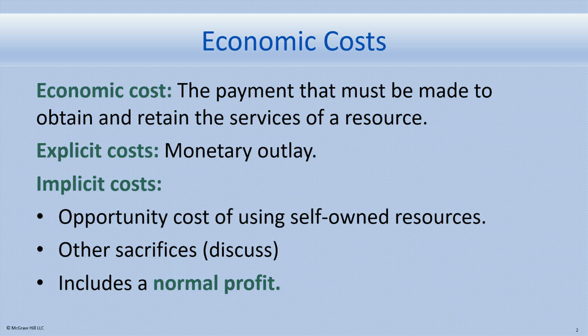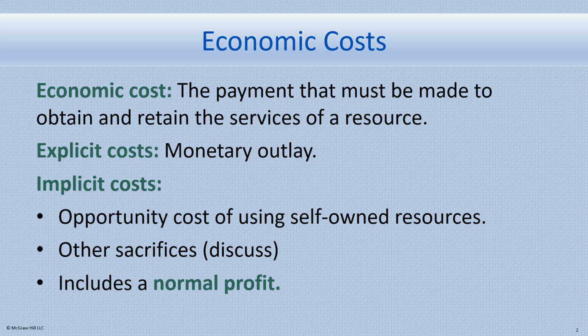If you use your own car in your business, then an economist would say you need to include that sacrifice as a cost, because if you weren't using your automobile in your business, you presumably could lease it out to someone else.